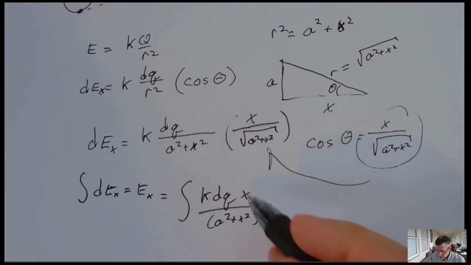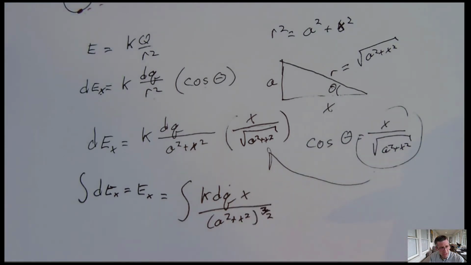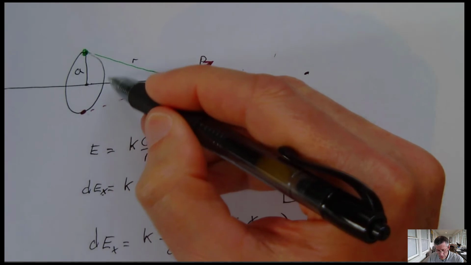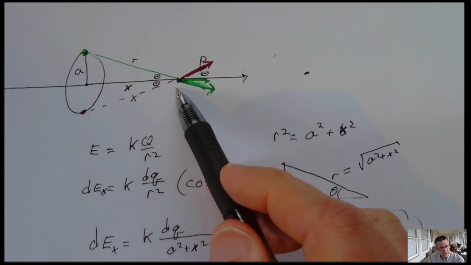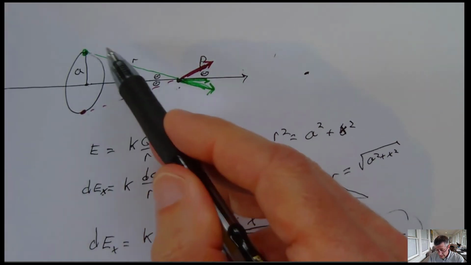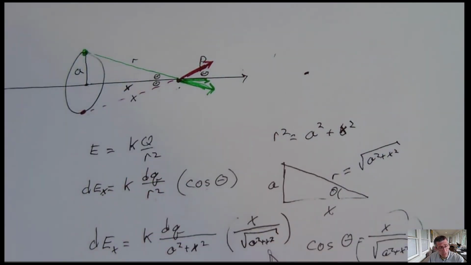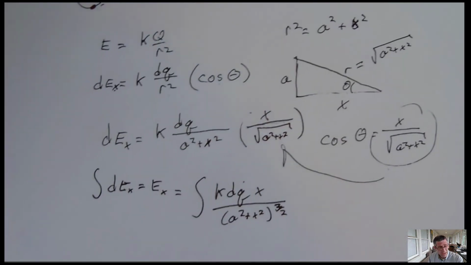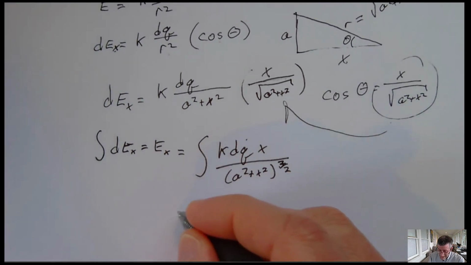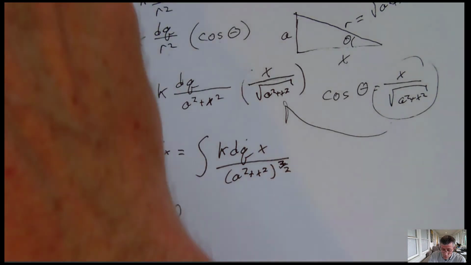The only thing that's changing here is dq, as I go around. So I'm going to go around the circle and add up all my dq's. X is constant for this position, so x is not what I'm adding up. I'm adding up all of these dq's. If I go all the way around the circle and add up the dq's, what do I get? I get q, my total charge.